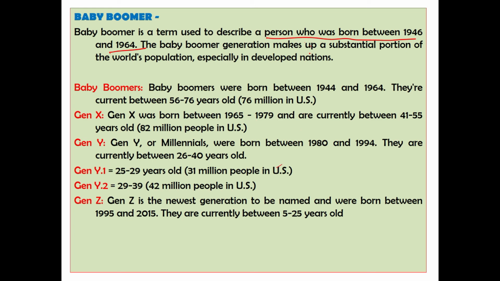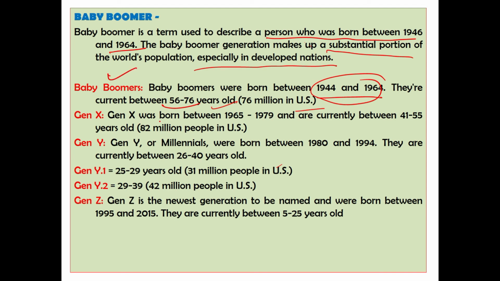They make up a certain portion of the world's population, especially in developed nations, like the example here of the USA. If you were born between 1946 and 1964, your age will now be around 60, 65, or even 70. It matches my dad also, because he is more than 65 or 66, so he is a baby boomer.